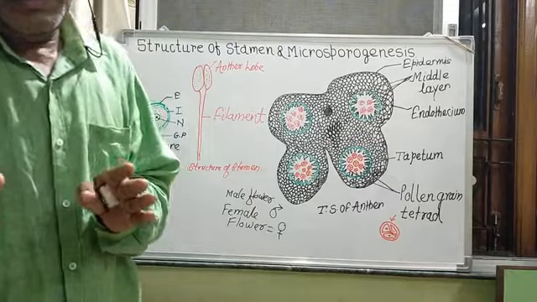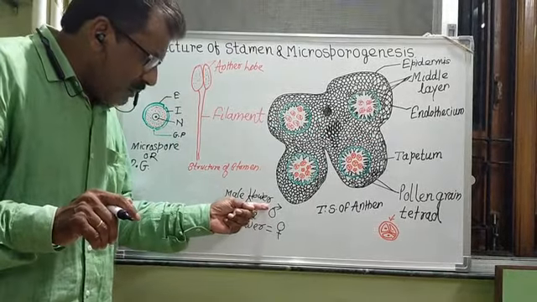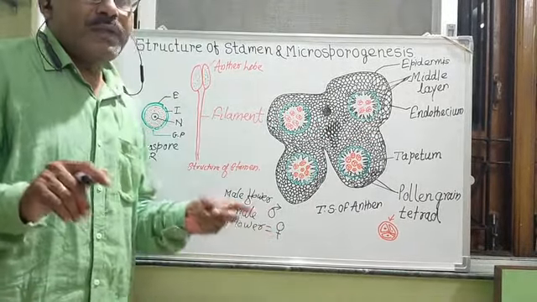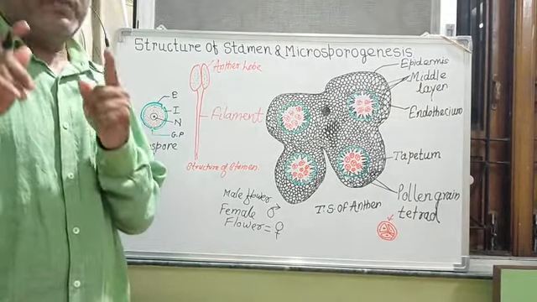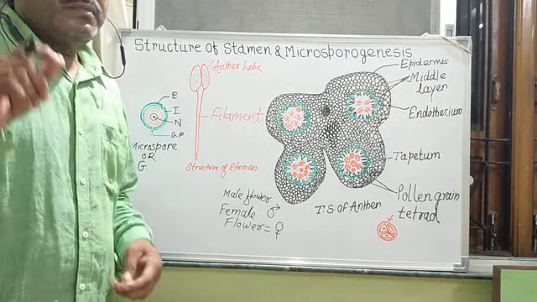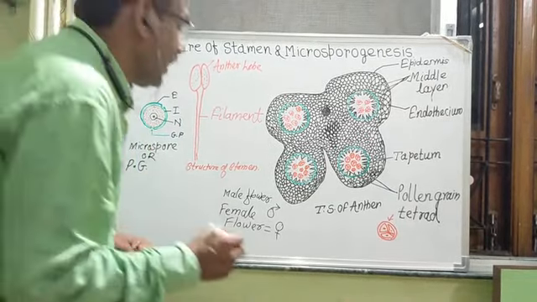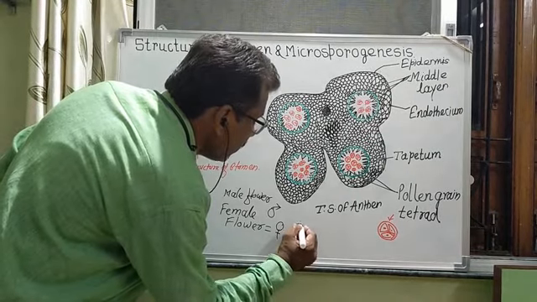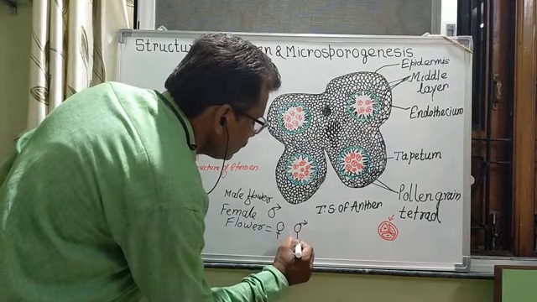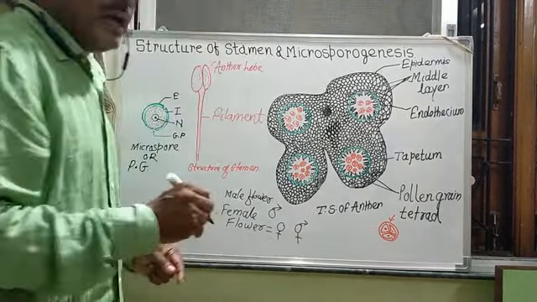And when both male and female parts are present in a single flower, then such a flower is called a bisexual flower.